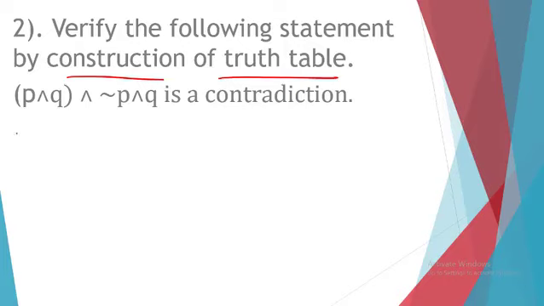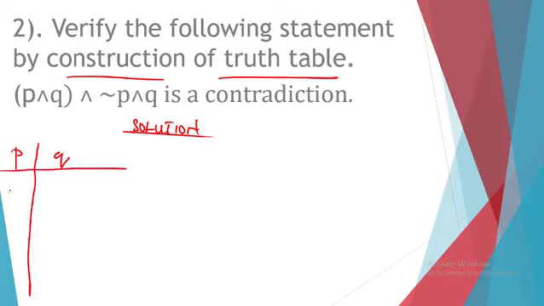The first thing we need to do is to realize that we have two elements here, which are P and Q. That will make us have T, T, F, F, and for Q we have T, F, T, F.